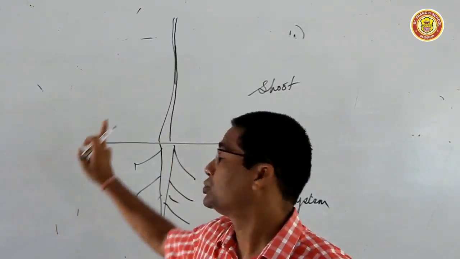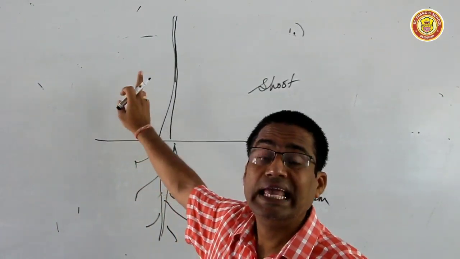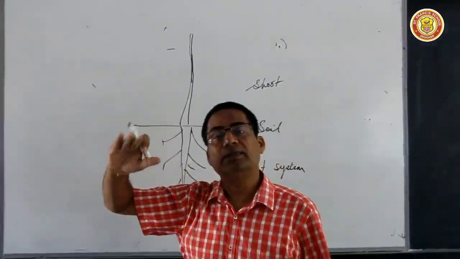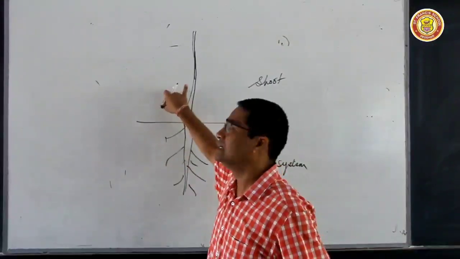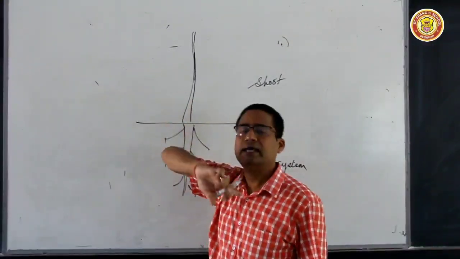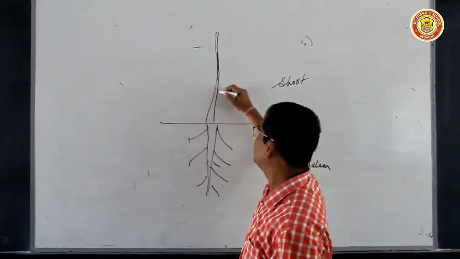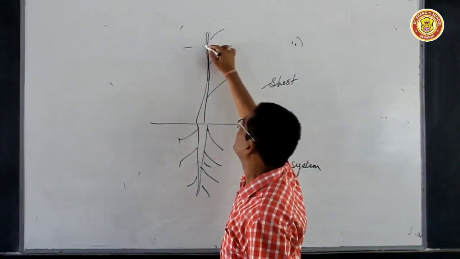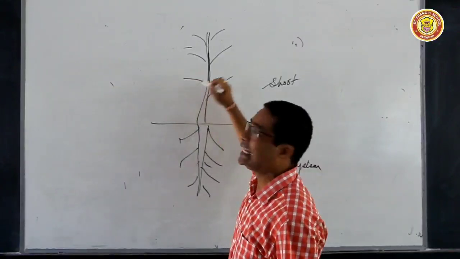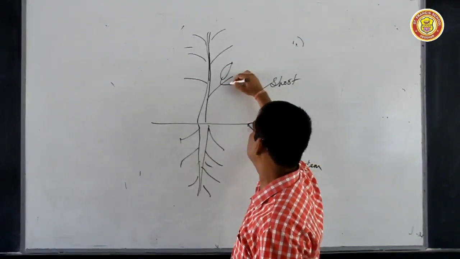Next, come to the shoot. The shoot is the aerial part of the plant. Aerial means the part that is present in the air. It has different structures. It has branches, and it has leaves on the branches.